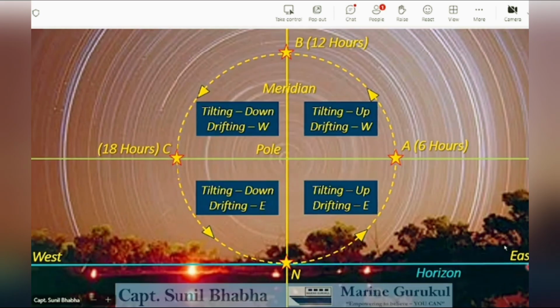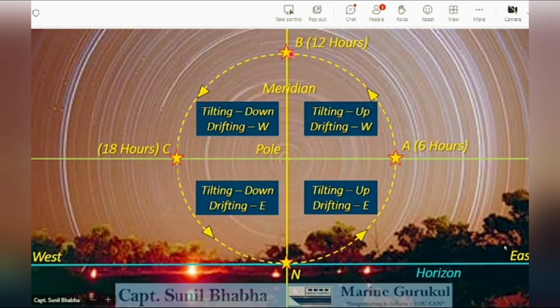Right side is the easterly direction. Whenever the gyrostar is east of the meridian, you see it is always moving upwards in the sky, or its altitude is always increasing. So this tells us that the tilting of the spin axis will be always upwards east of the meridian.